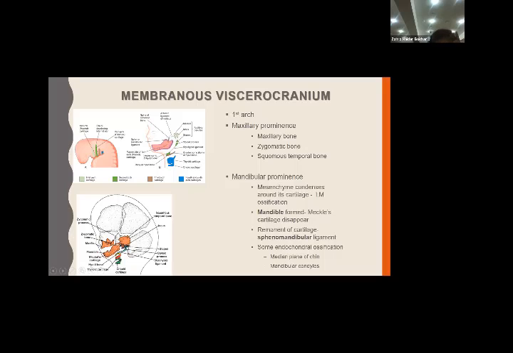mandibular prominence first arch, ठीक है? इसमें the mesenchyme condenses around, पहले एक cartilage का मॉडल बनता है, इसको Meckel's cartilage कहते हैं, ठीक है? Then mesenchyme surrounding this Meckel's cartilage develops into the mandible.